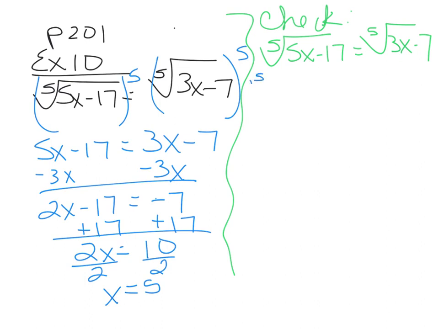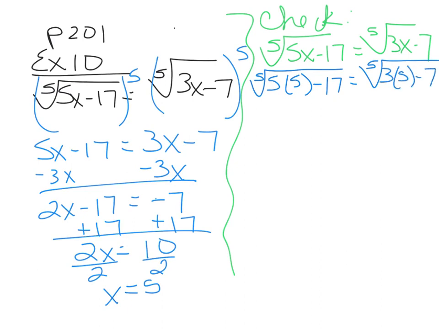So 5 times 5 minus 17, the fifth root, equals the fifth root of 3 times 5 minus 7. And we're just going to simplify this down. 5 times 5 is 25. 25 minus 17 is 8. So this comes out to be the fifth root of 8.